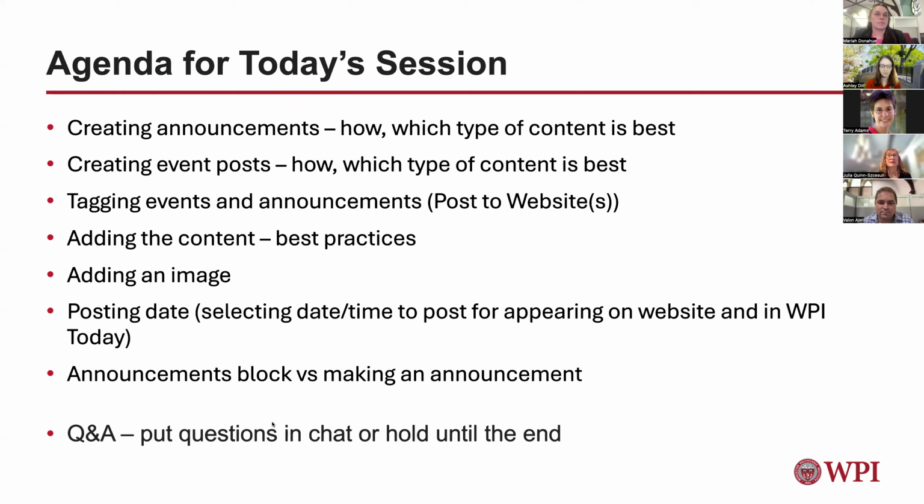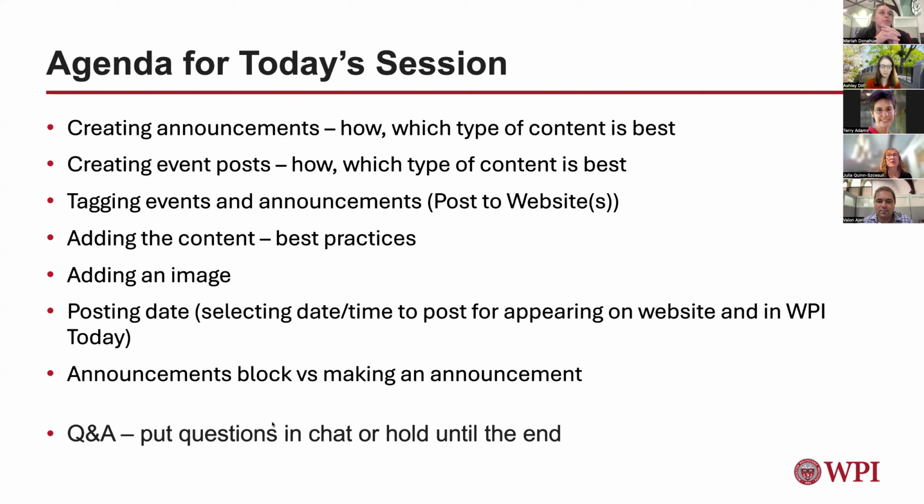We're going to talk a little bit about adding the content, some of the best practices so that everything follows guidelines, looks similar, is consistent, and makes it easy for a user to understand and digest, is what we call it. And we're going to talk about how to add an image because you can add images to your announcements and your events, make them really robust.